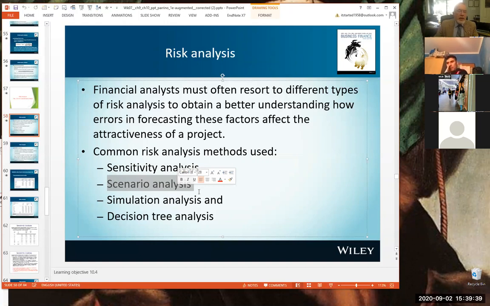Okay, that's where you get to the third one, which is simulation analysis. Simulation analysis is where you get a computer to work out your scenarios. And computers being what they are, they're able to work out scenarios very quickly. You get the computer to simply work out scenarios randomly. It just takes random sets of variables within tolerable limits, and it works out the NPV for this one, that one, the other one.